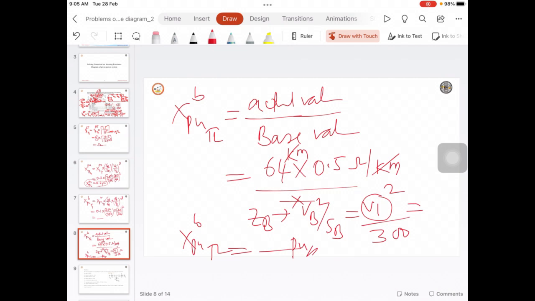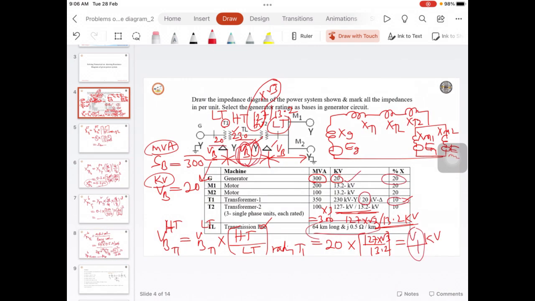Similarly, one can find the generator and motor reactance in the same lines.